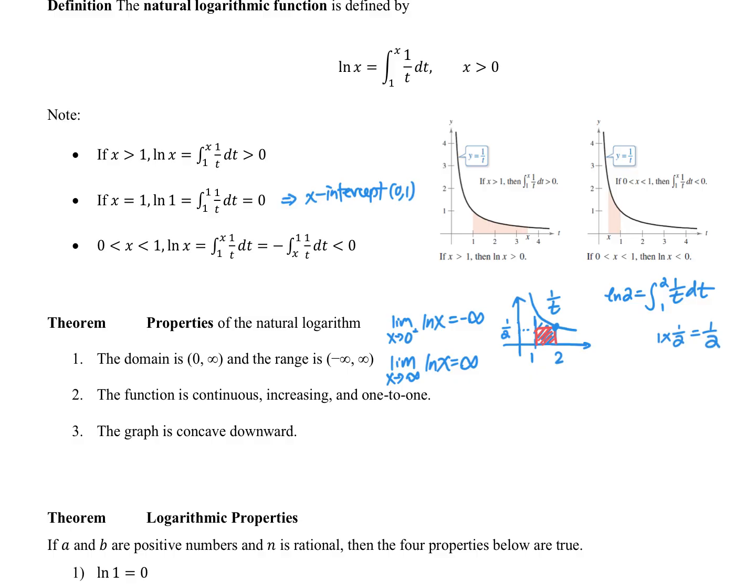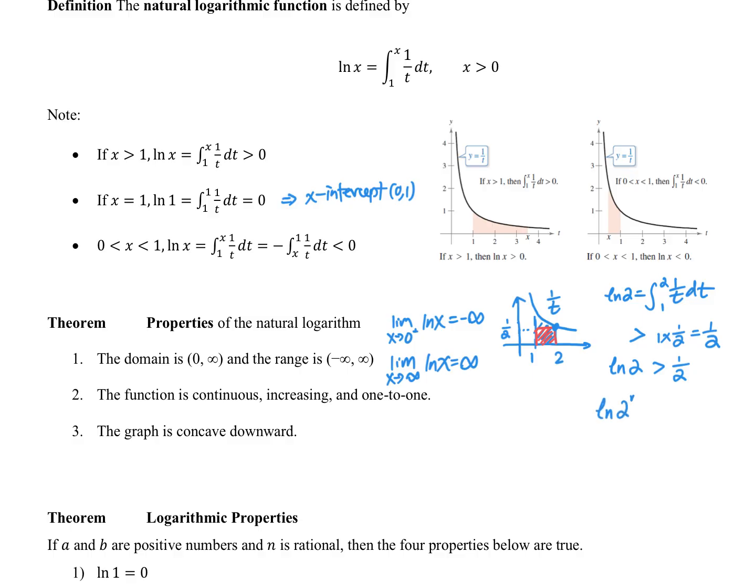And we can see that this blue shaded area is actually larger than the red shaded area. So in other words, natural log of 2, which is the area bounded by the curve from 1 to 2, is greater than the red shaded area. So this is what we know: ln 2 is greater than 1/2. That's for sure, right?